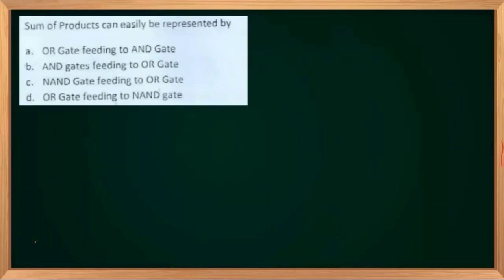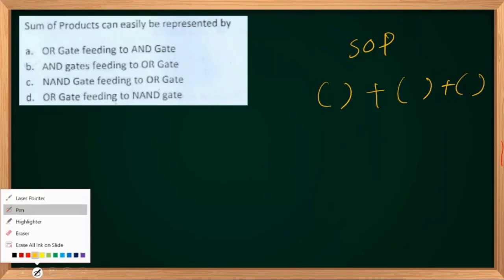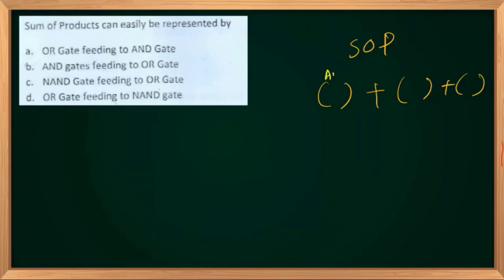Right. Next question: sum of individual products can easily be represented by OR gate feeding to AND gates, AND gates feeding to OR gate, NAND gate feeding to OR gate, or NAND gate feeding to NAND gate. So individual product, then sum. Individual products will be AND.